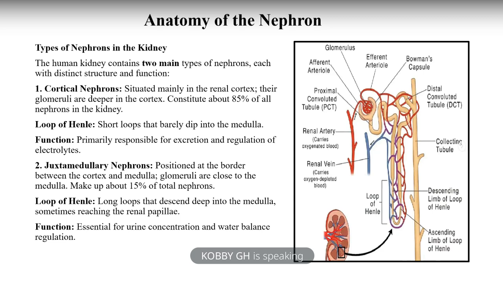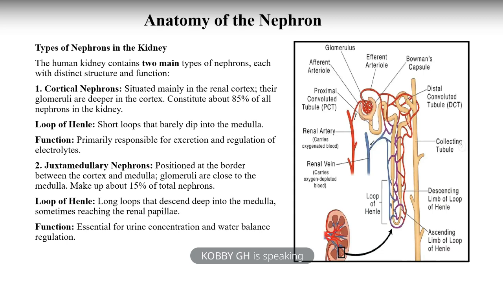Short loops of Henle are not as effective in creating the deep medullary osmotic gradients required for maximum urine concentration, as compared to the juxtamedullary nephrons. So on that note, let's talk about the juxtamedullary nephrons.